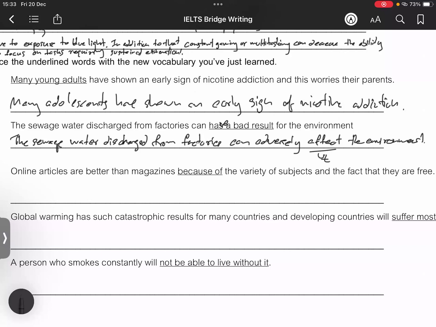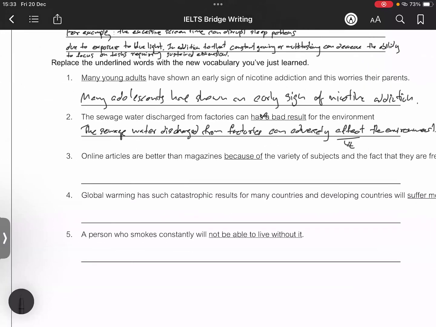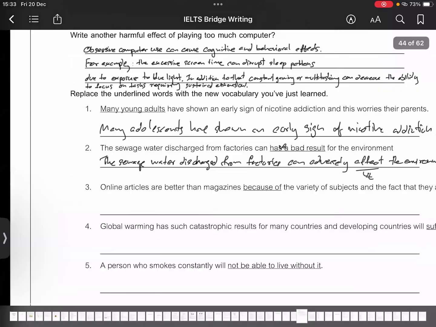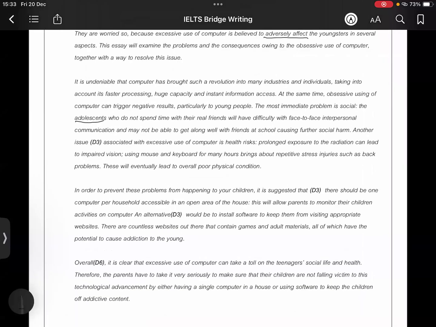Next, online articles are better than magazines because of the variety of subjects and the fact that they are free. So what else means because of? If you look at the previous page, it looks like you can use this word owing to. But where is owing to?